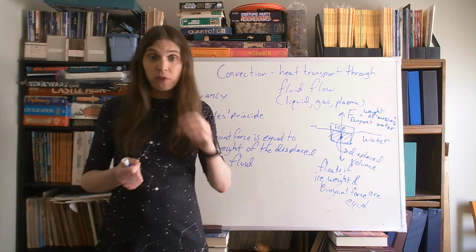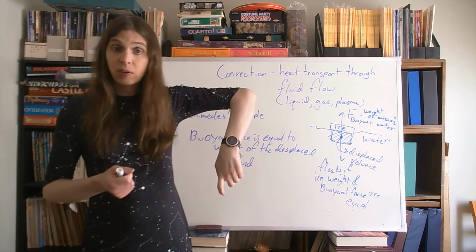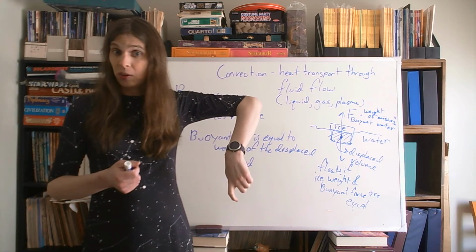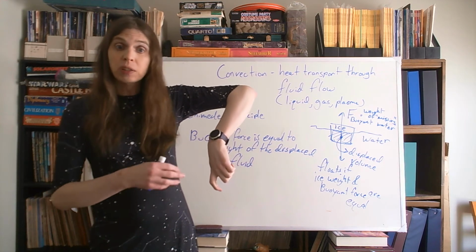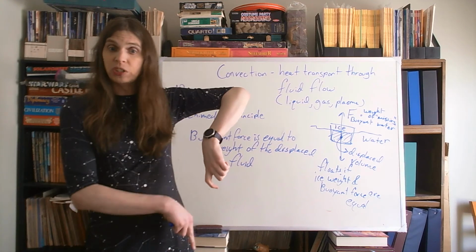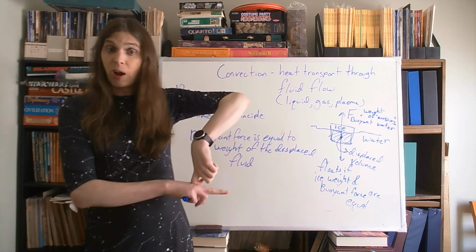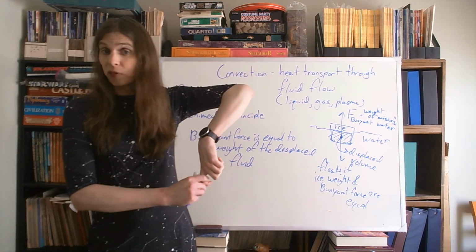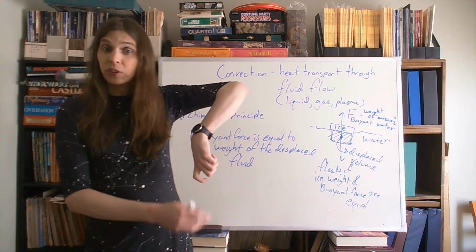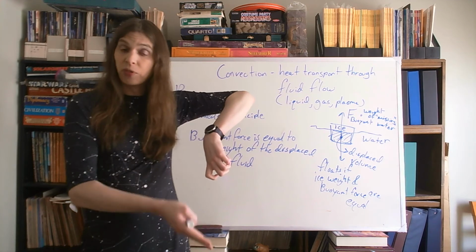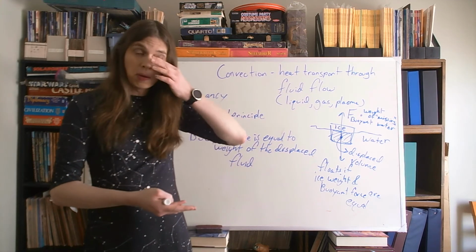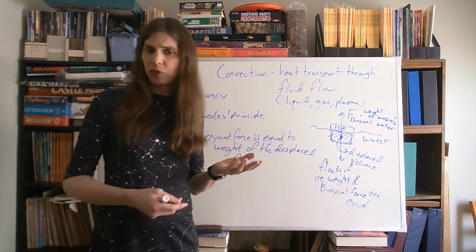But it is enough that if you were hanging it from a scale, there would be less force pulling down on the scale from the rock, because some of it would be supported by that buoyant force from the pressure of the water all around it. That's where it comes from also.